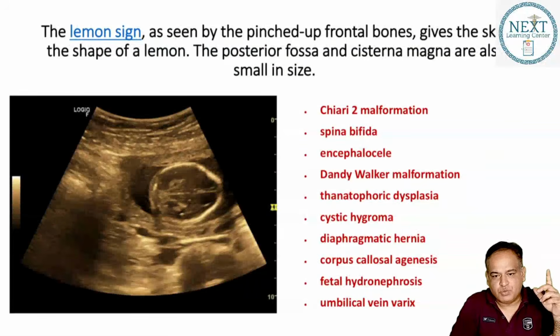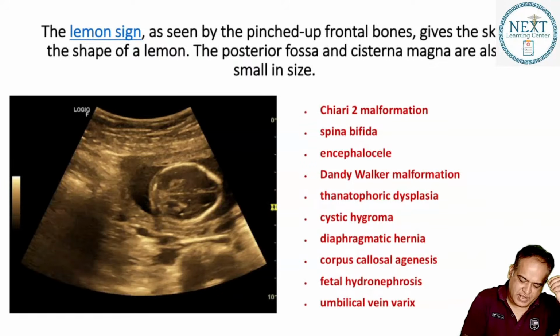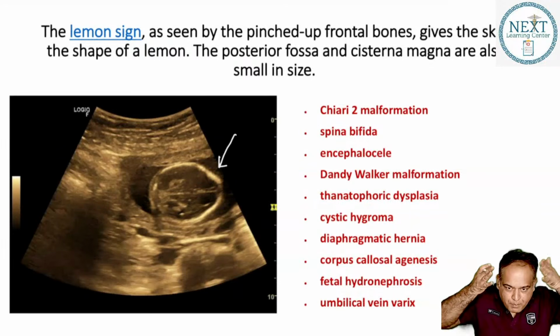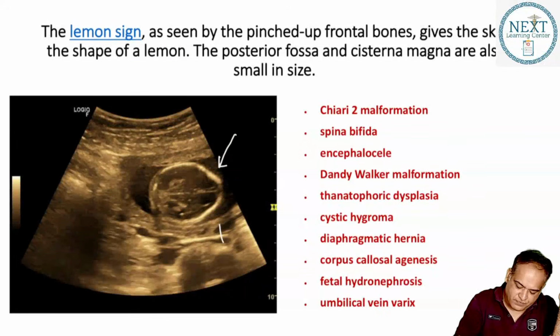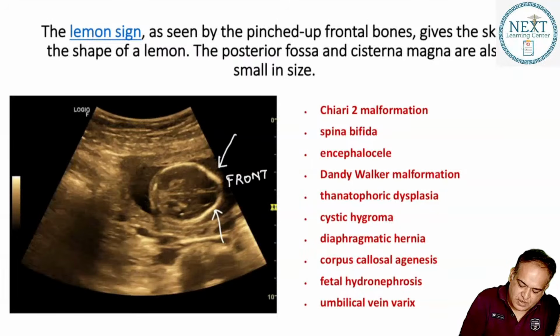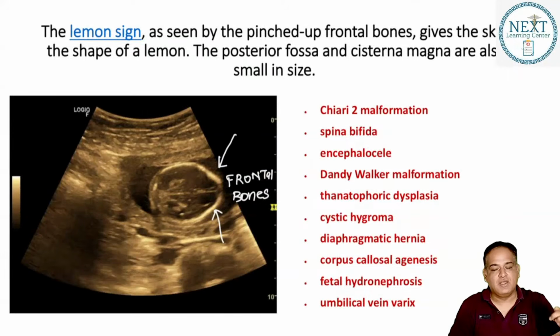Then in the question we just read, there was an option. What was that? Lemon sign. So you see here, lemon sign is seen on ultrasound when there is pinching of the frontal bones of the baby. That is called lemon sign.